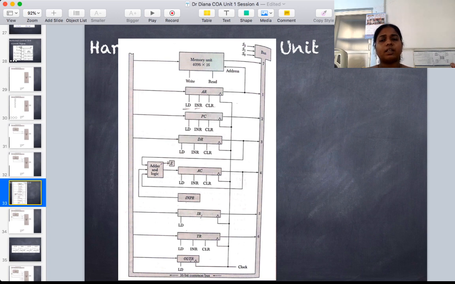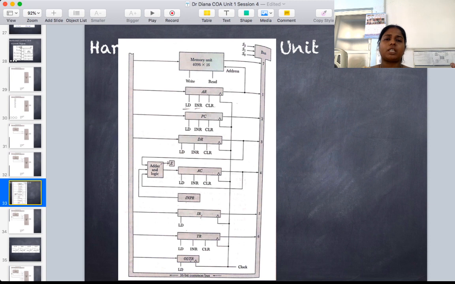So a control signal is given to the address register, and when the load signal is raised high for the address register, it will take whatever data is available on the common bus. I have placed the 0 to 11 bits of the instruction register on the common bus. So when the load signal is raised at clock cycle 1, the address register receives the address which is traveling in the bus. This happens in clock cycle 1.